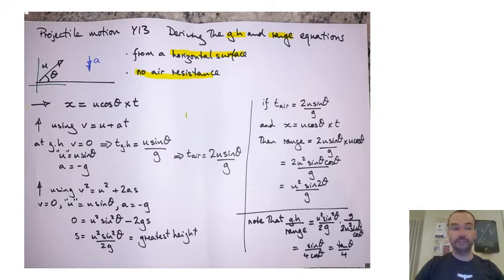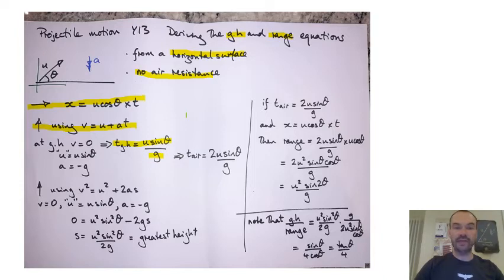So horizontally, x is u cos theta times t. Vertically, we can use v equals u plus at. So what have we got there? So vertically, using v equals u plus at, at the greatest height, v is 0. So the time to the greatest height is u sine theta over g.